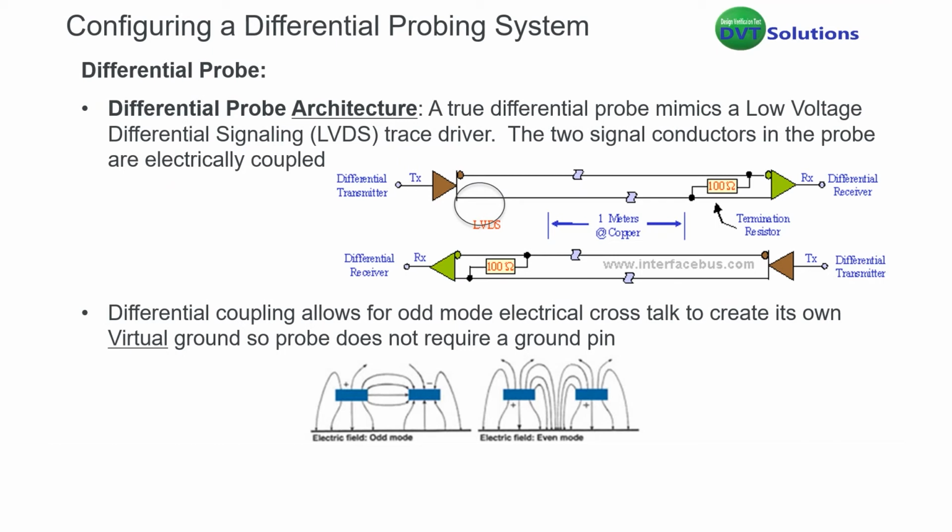So in a true differential probe, as the slide describes with the fields going up and down the transmission line on the bottom, it sends a positive and negative pulse down the transmission line so that it creates a virtual ground and does not have to rely upon a common mode or a physical ground. So there's coupling there that has to be modeled later, and I will discuss how we do this with a software product. But in order to create a good model of a differential probe, you have to be able to model the coupling between the two transmission lines.